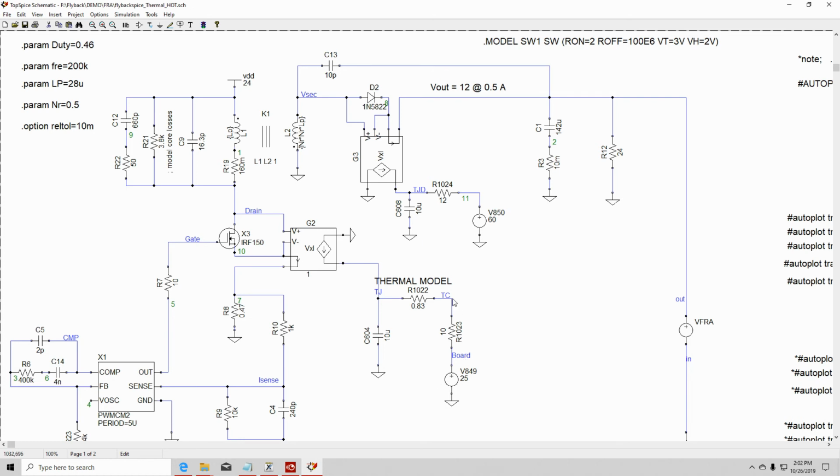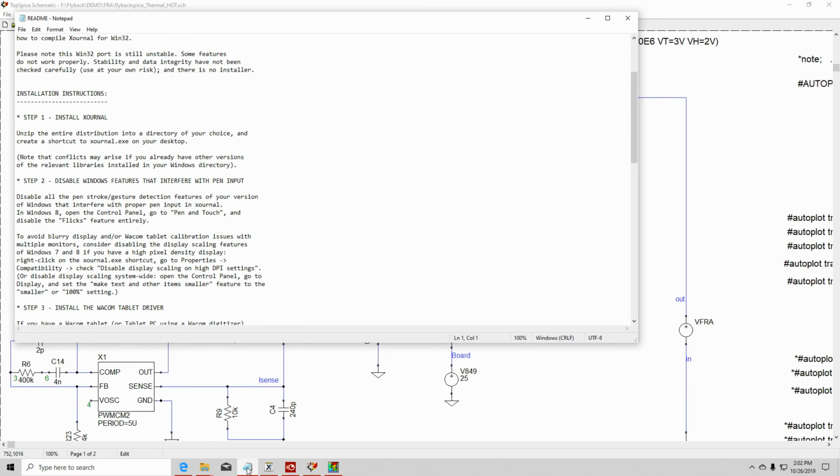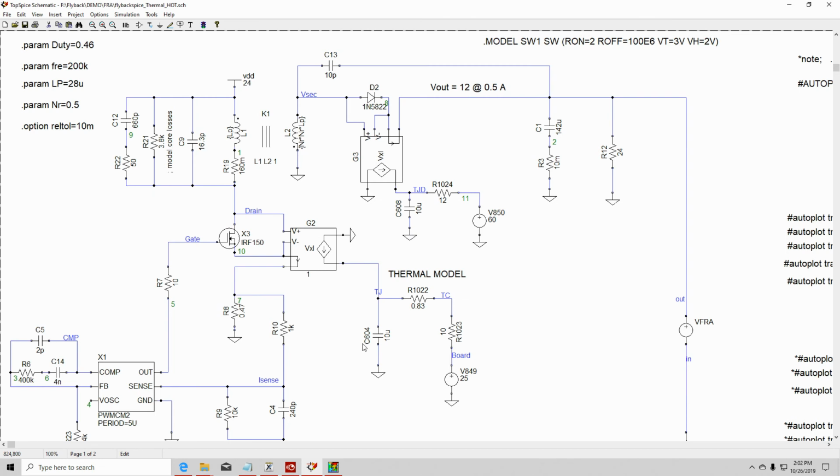Okay, so I think we're set up. So we'll go ahead and run it. It may take a little bit of time. Oh, and what I did is I added a capacitor here, because that's supposed to simulate a thermal mass, and the capacitor also averages the temperature.